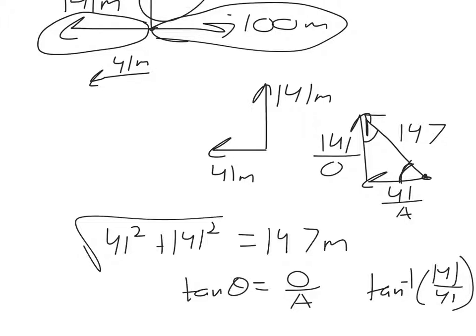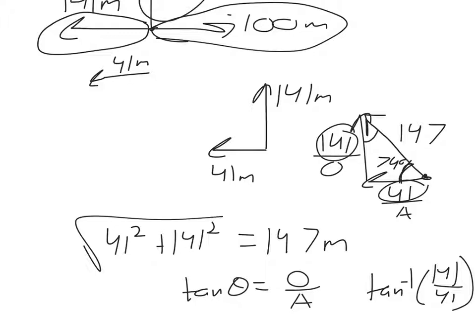So let's see what that comes out to. 41 divided by 41, and I get 74 degrees if I round. Fairly vertical. Yeah, we expect that, right, because this is longer than this one.